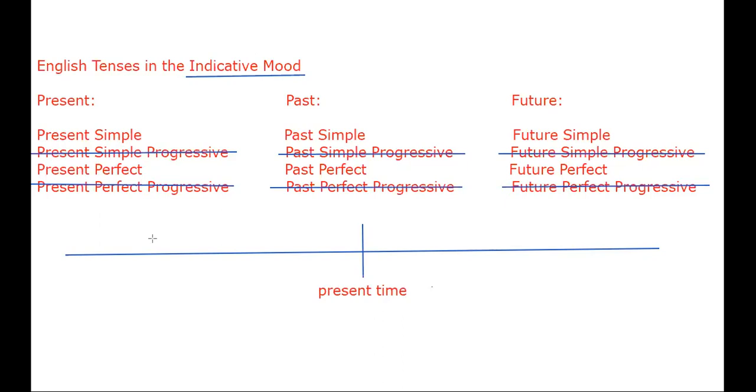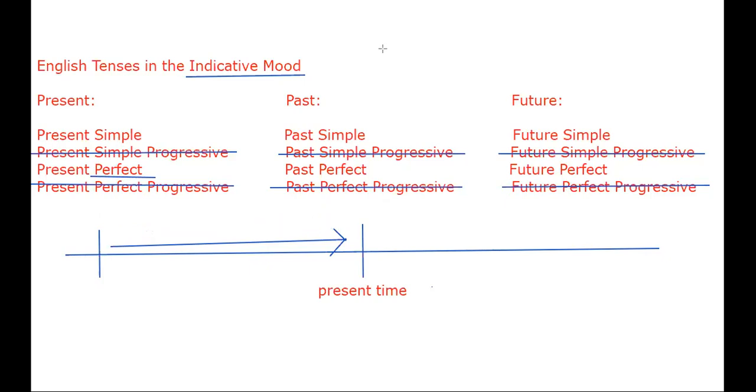Instead of taking place at just one single point in time, like the present simple, we start at some point in the past and work our way to the present. So it's essentially like one action that started in the past and led right up to the present, or has some sort of relevance to the present even. So that's how the present perfect works. And that's what the perfect aspect does. It starts at one point in time and leads up to another point in time. So that's the perfect aspect.